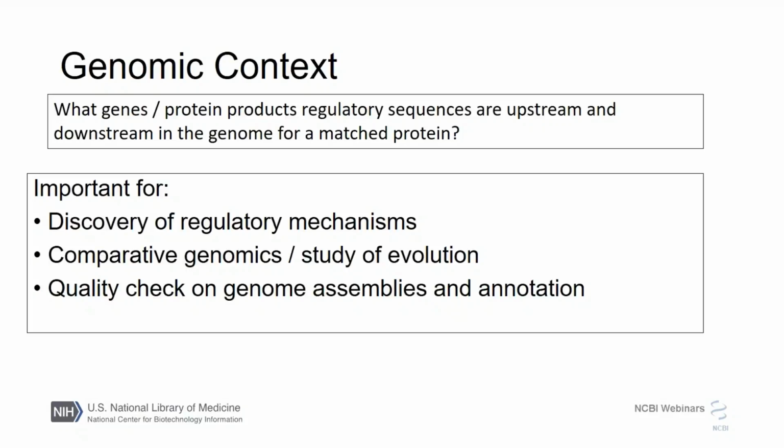Another way to use this would be as a quality check on genome assemblies and annotation, because you might say, this genome is missing this particular gene. Maybe that is a problem with the assembly. So you could look at things like that.